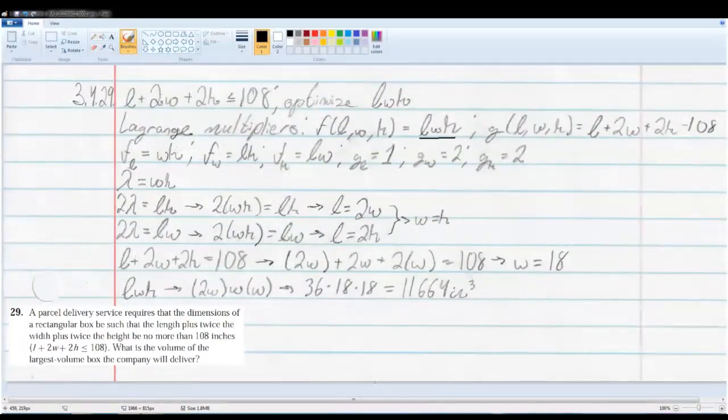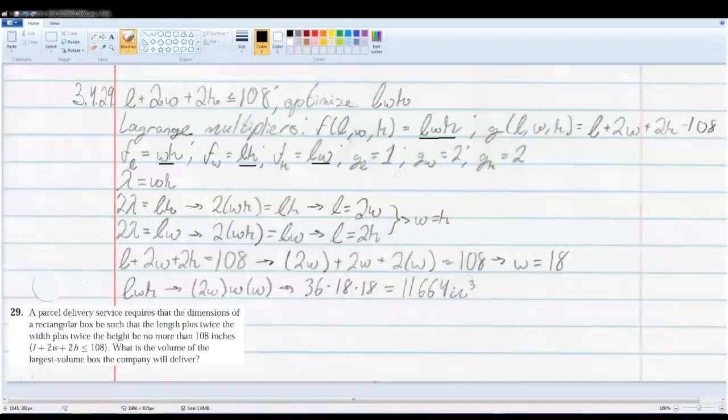So the partial derivative of f with respect to L is just width times height, because L is basically just x, and that becomes just a constant, just 1. And then basically the same here, we get rid of the W, and here we get rid of the H. And for g, for the partial derivatives, L just becomes 1, W just becomes 2, and H just becomes 2.